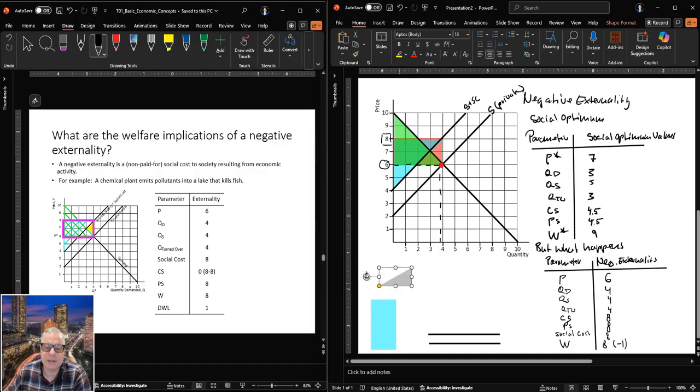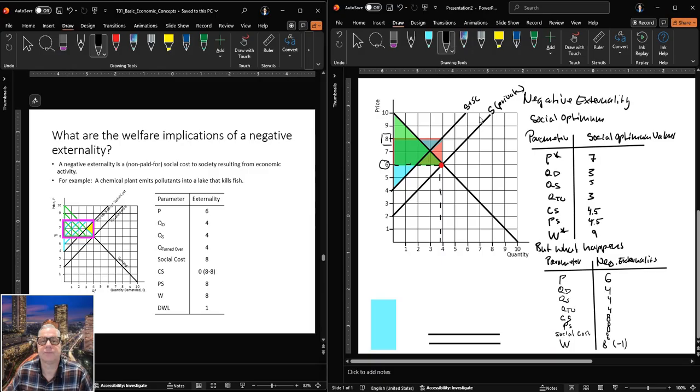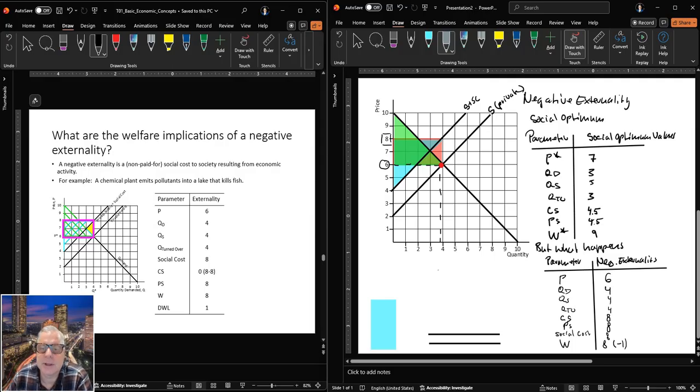Now where do we see this deadweight loss again? That's this triangle here. I'll just make a new one. Actually, I can draw it. So the deadweight loss is this triangle here. And again, what we have in a negative externality is a deadweight loss from an inefficient overproduction.